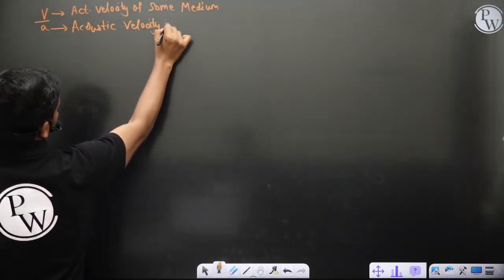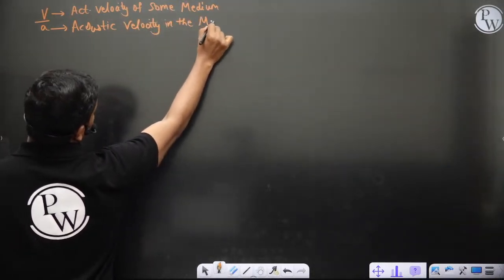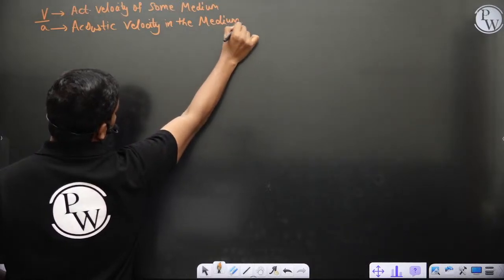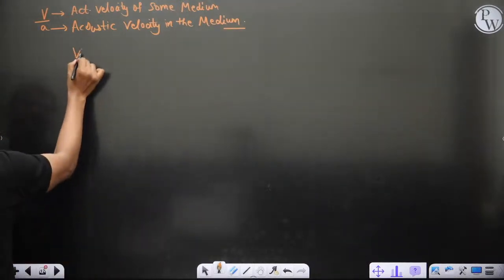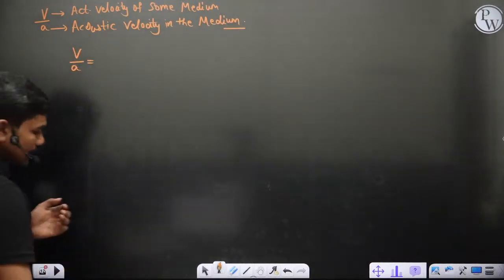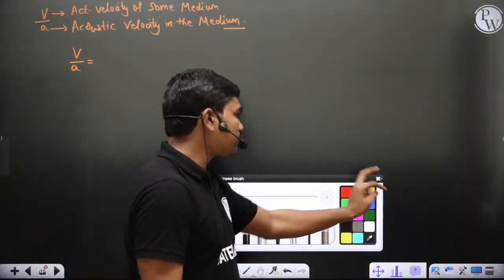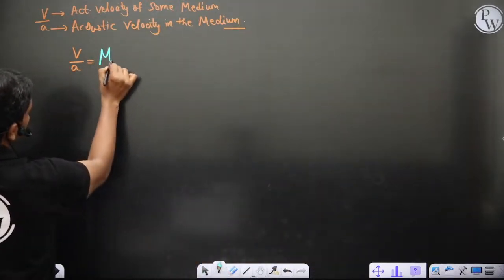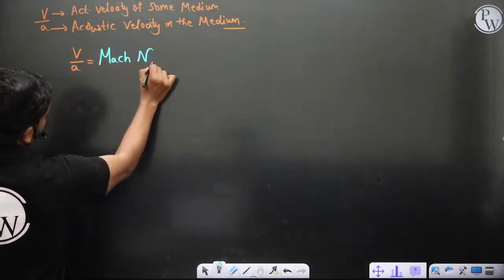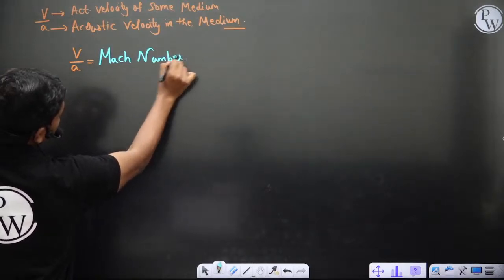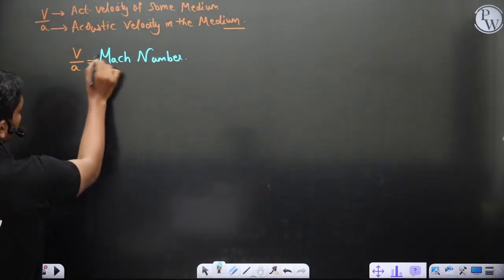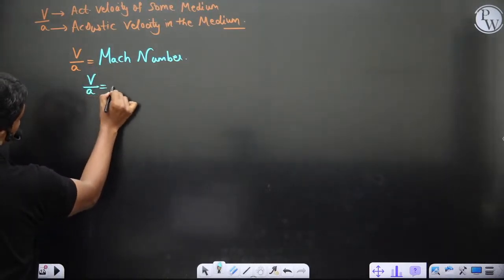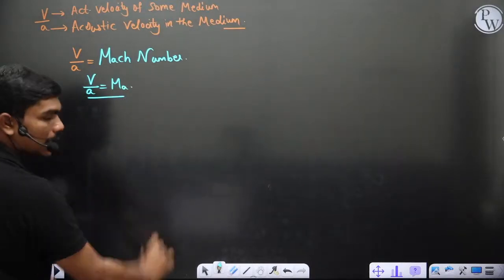If this is the acoustic velocity, then this v by a is a dimensionless quantity, and this dimensionless quantity is actually called the Mach number. Because this analysis of compressibility was done by this person, Ernest Mach. So this is normally called the Mach number.